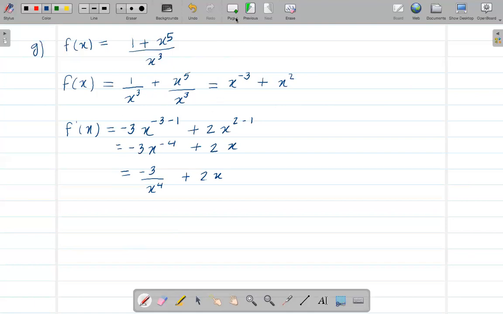Okay, so the next one, what I want to talk about here is, let's say I have a function given, f of x is equal to, let's just say a random function, 3x to the power 2 plus 4x plus 7, something like this.